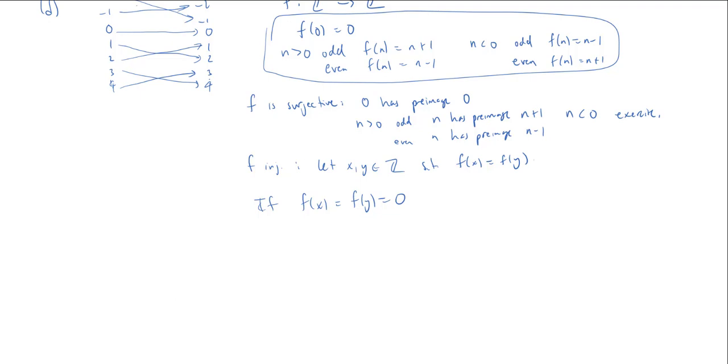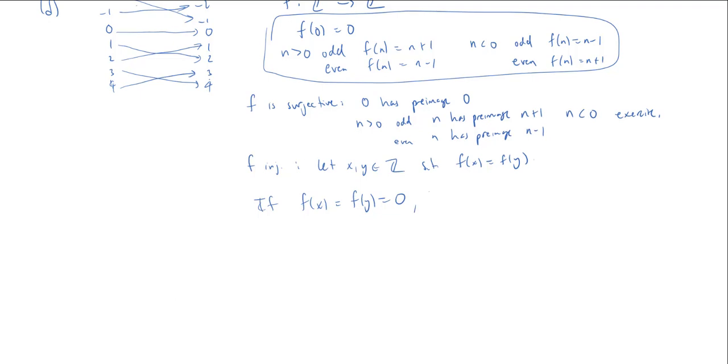Namely 0. Why? Well, if I took say a positive number, then if it was odd, we were going to add 1, and that makes it still positive. If it's even, then it's no smaller than 2, and that means when you subtract 1, it's no smaller than 1. And by a similar argument, when n is negative, you're not going to be able to get down to 0.